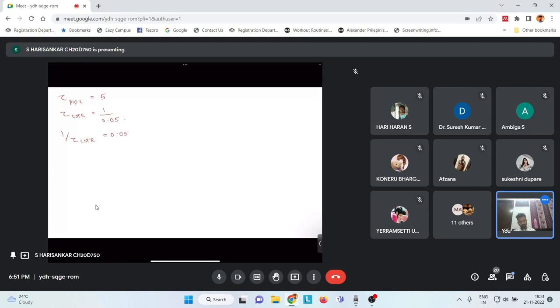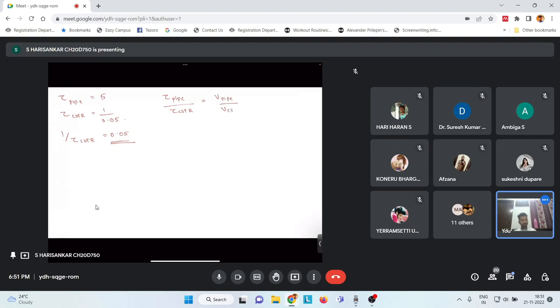So here they have asked us to find the ratio of the space times, or the volumes, of the pipe by the volume of the CSTR. So the ratio of the space time will be equal to the ratio of the volumes of the pipe and the CSTR.